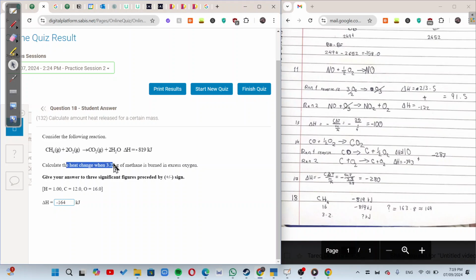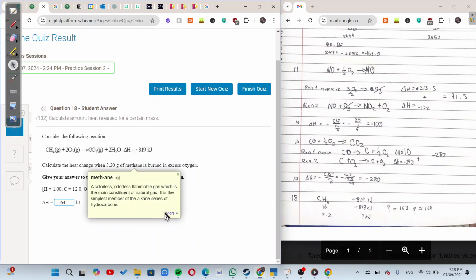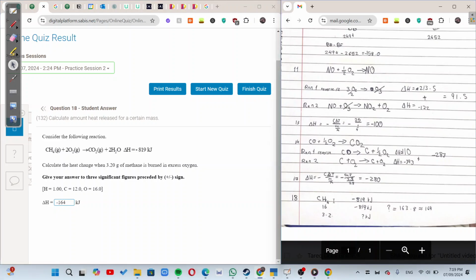You need the heat change when 3.2 grams of methane are burned in excess oxygen. So here, if you realize, it's like what we did last year with the RRGR. So just copy down what you need. They gave you methane, so you put down on your paper CH4, which is methane, and you put down your energy, because that's what you need to find.